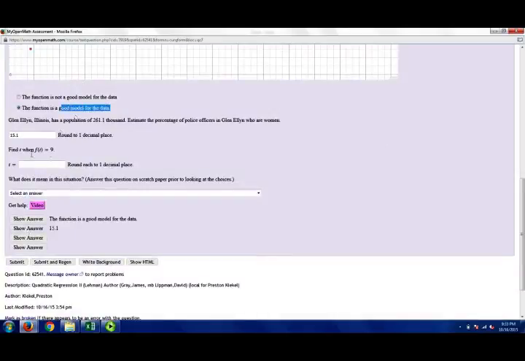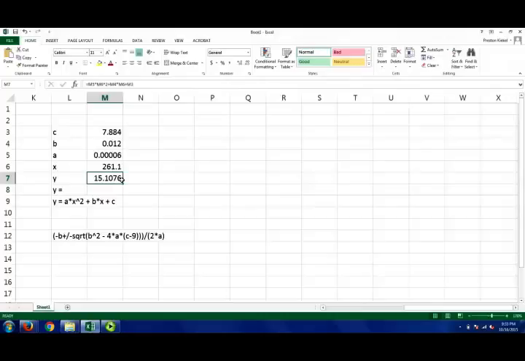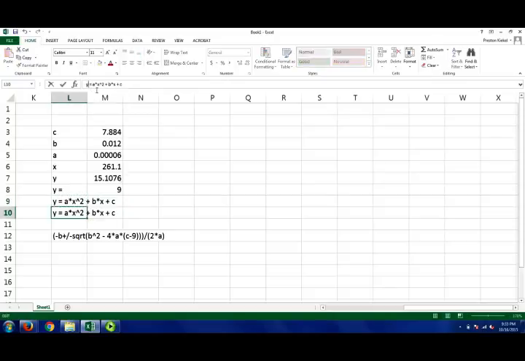Now, if I know that a town has 9% female police, I want to know about how many people live there. So if I let y be equal to 9, that's a quadratic equation where I'm setting y equal to some value, and I'm solving for x. So if I let y be 9, I could then solve for x, subtract 9 from both sides of the equation.